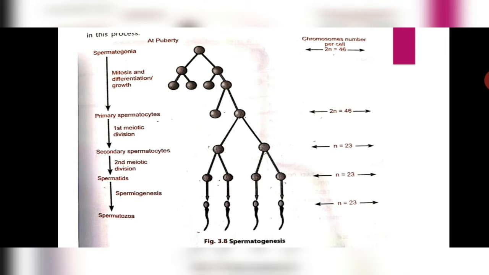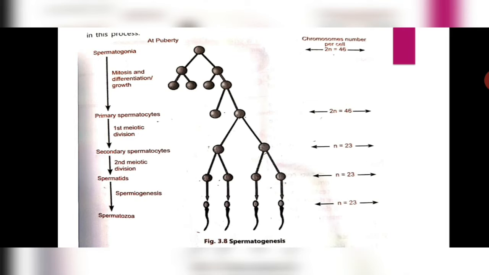During the last, that is the differentiation phase, there are two main processes that occur. Firstly, the spermatids are transformed into spermatozoa or sperms by the process of spermiogenesis.